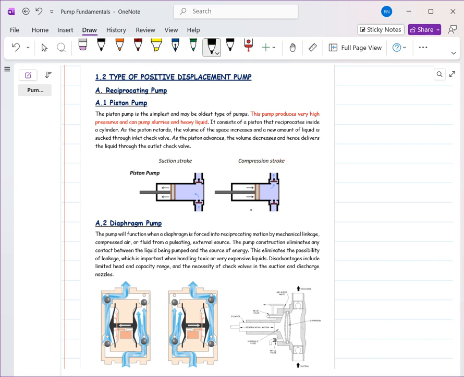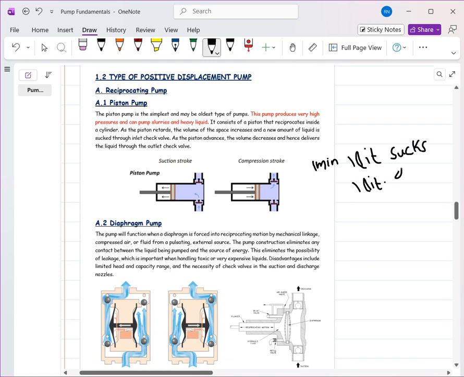What I am going to say is, in 1 minute it takes 1 liter of fluid and it discharges 1 liter of fluid, so it is going to be constant, right?